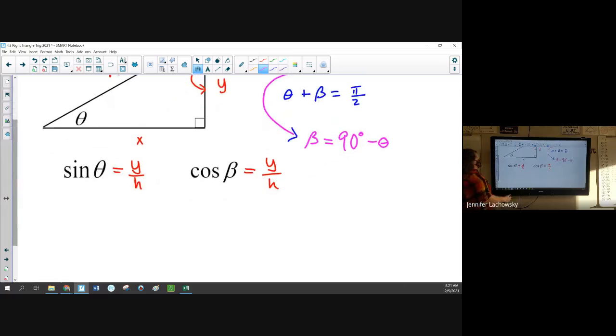Sine of theta is equivalent to cosine of what? Beta. Beta, but what's beta? 90 minus theta. It's the complementary angle, yeah? Okay. What if I asked you what is cosine of beta equal to?